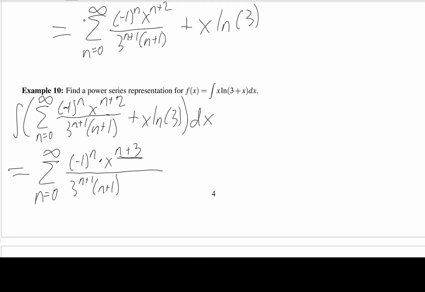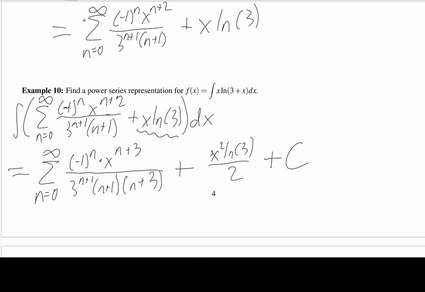And remember, I have to divide by this new exponent. So I'm multiplying the bottom by n plus 3. Plus, now we need to integrate this part. So ln of 3 is just a constant. So the integral of x ln of 3 will give us x squared ln of 3 over 2 plus c.